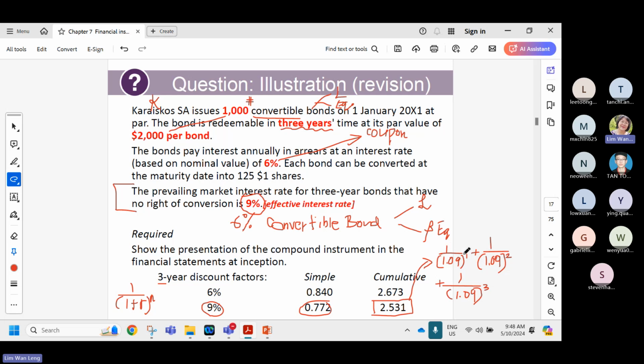So the present value factors 1 year from now, 2 years from now, 3 years from now, added together, you get 2.531.